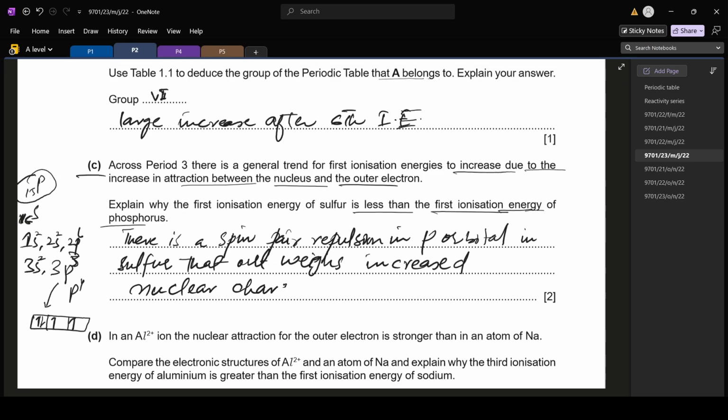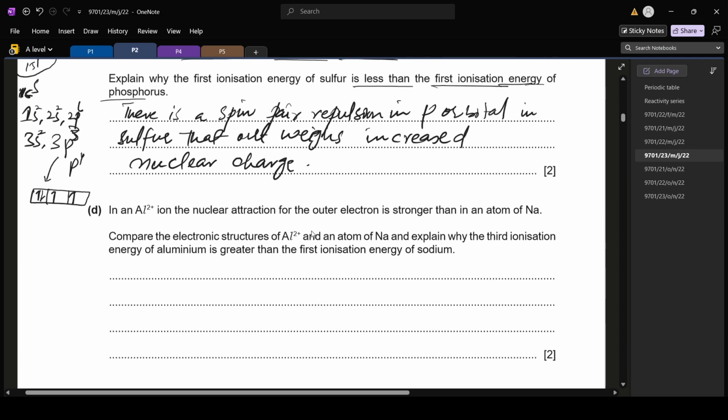So this is the reason. In sulfur, the spin pair electrons repel each other, so this outweighs the increased nuclear charge. That's why sulfur has less first ionization energy than phosphorus.